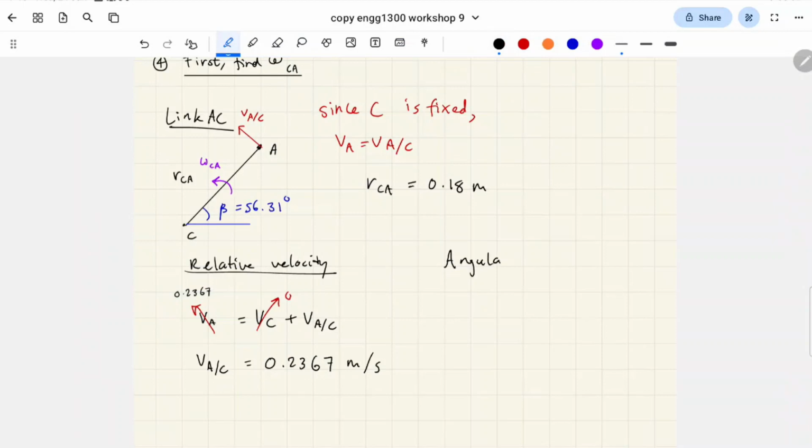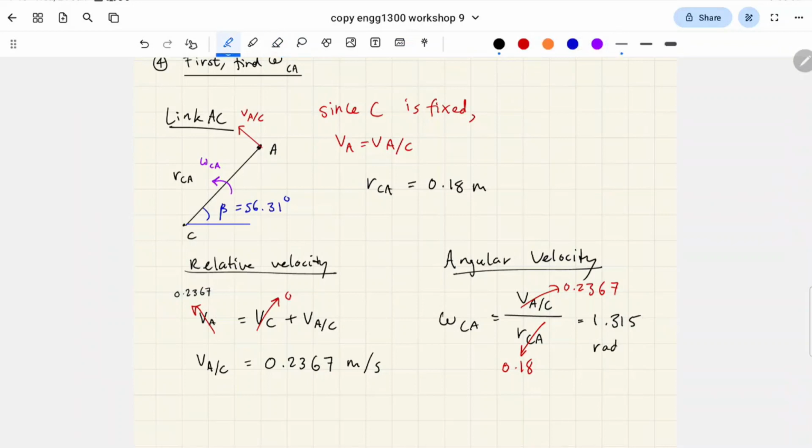And then we know from angular velocity that omega CA is VAC over RCA. VAC was what we just calculated. RCA was 0.18. So that gives us this. Again, counterclockwise because looking at our diagram, right?